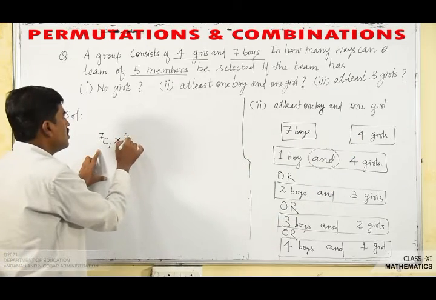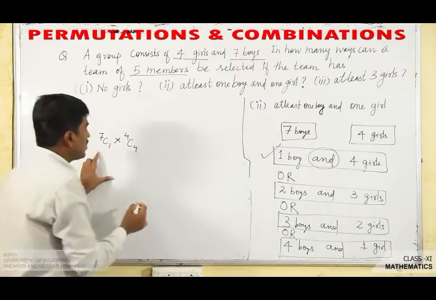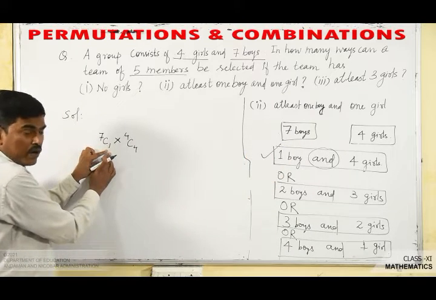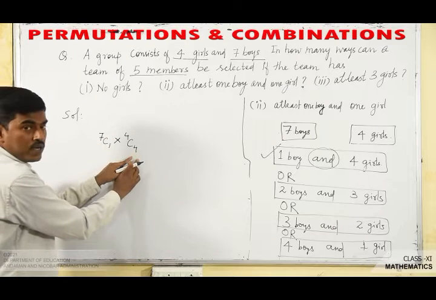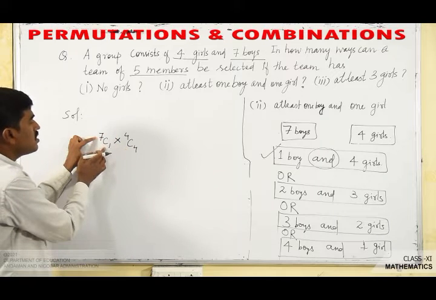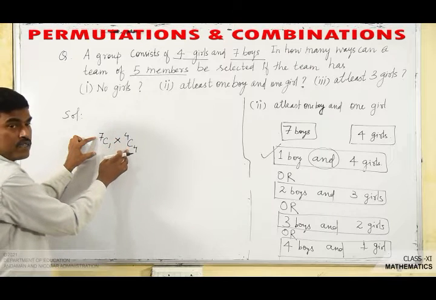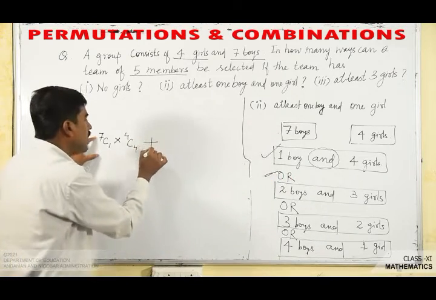So it is 4 C4 ways. So this is the first case, that means one boy and 4 girls are selected in 7 C1 into 4 C4 ways. Then OR is there, so we have to add it.